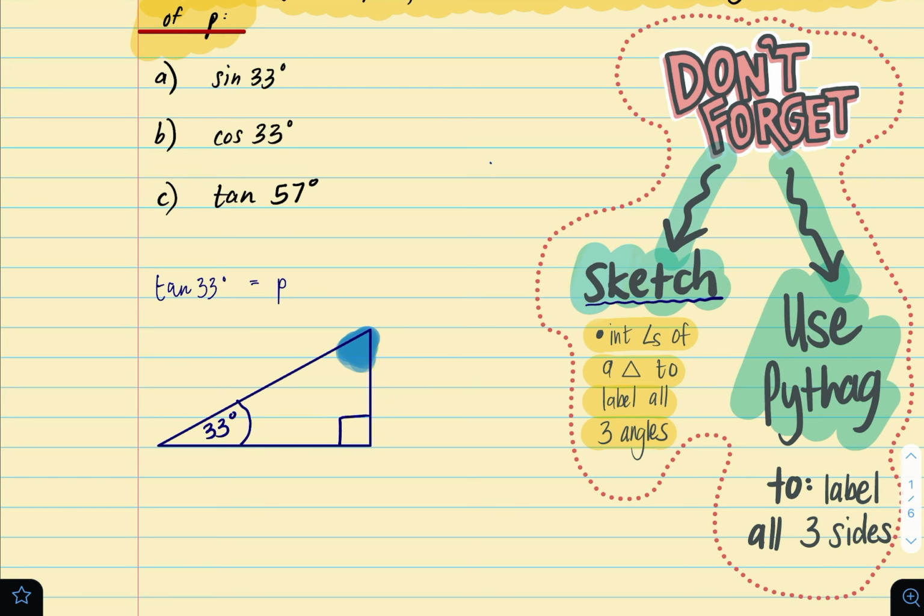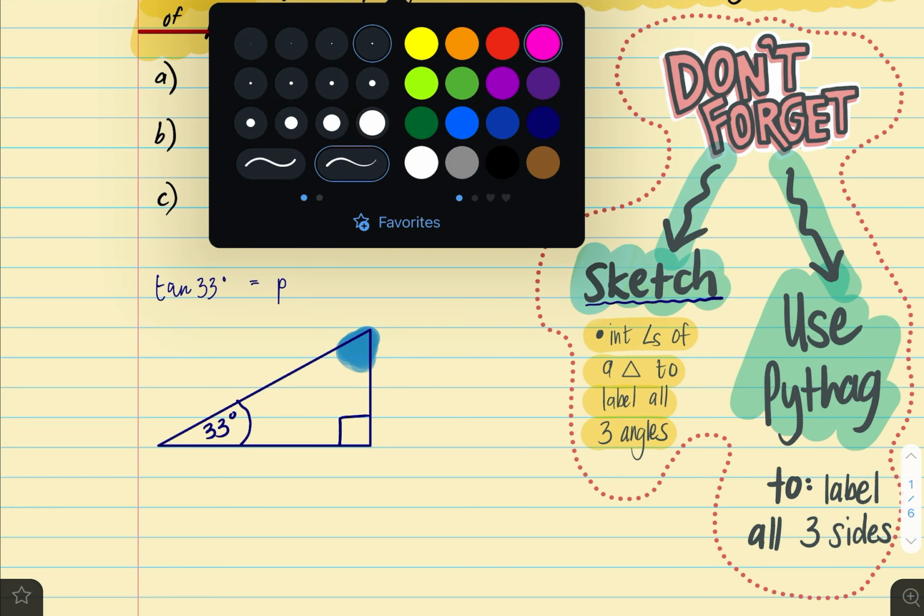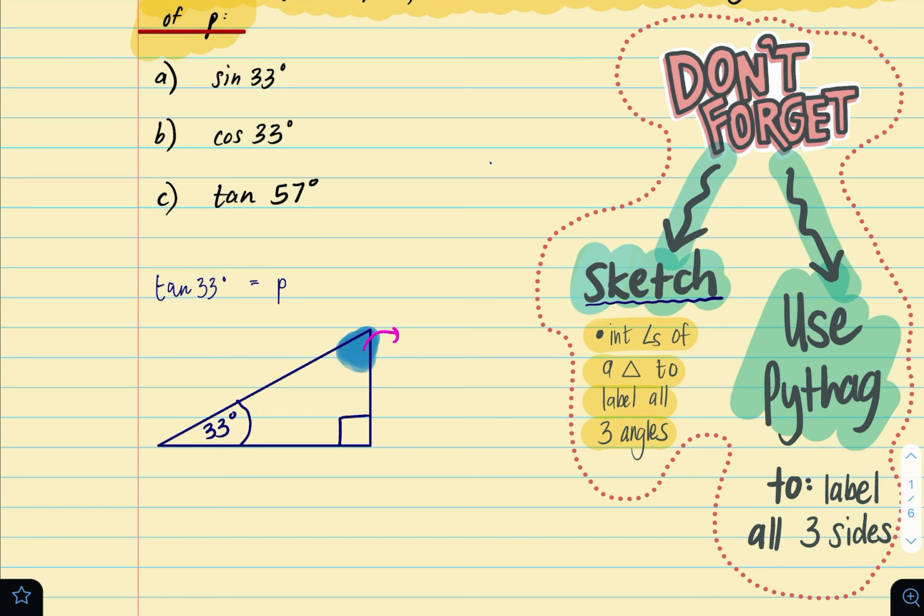It's easy peasy. You know all three angles of a triangle add up to 180. So this is obviously going to be 180 minus the 90 degrees minus that 33, which gives us 57 degrees in this corner of the triangle. As you can see, we might need it later. Right, we've got all three angles of the triangle labeled.